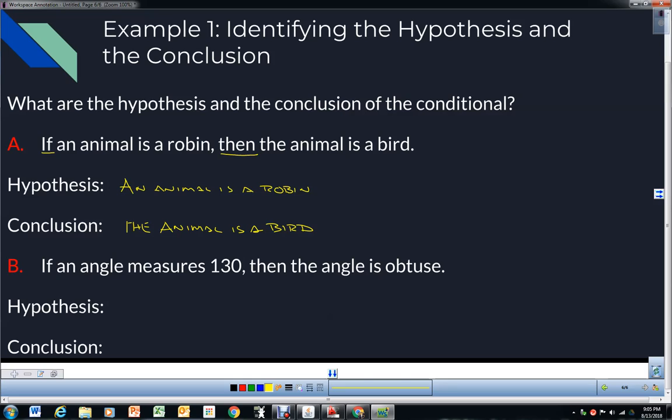So the hypothesis is our if, so we say an angle measures 130, and then the angle is obtuse. Okay, so if an angle measures 130, then the angle is obtuse.